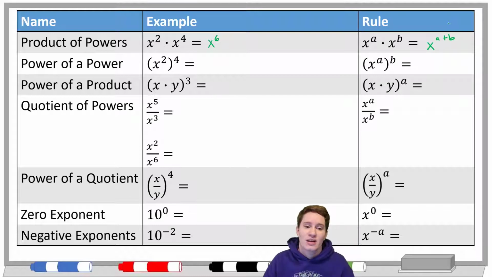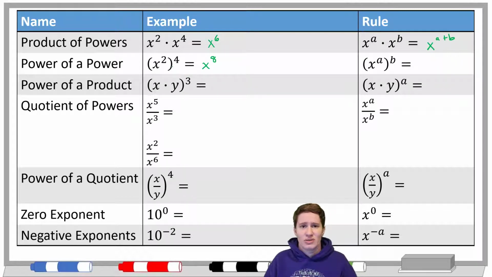The next rule is a power to a power. So if we have something like x squared and then we raise it to another power, we're saying I have x squared and I'm multiplying x squared together 4 times. So x squared, x squared, x squared, x squared, which in all means I have x to the 8th. So for this rule, you'll almost always, or like 100% of the time, see parentheses involved here.